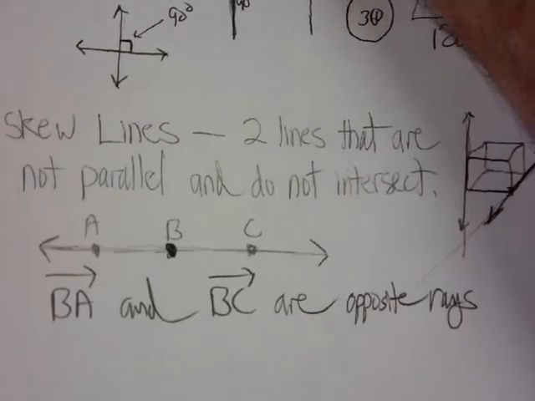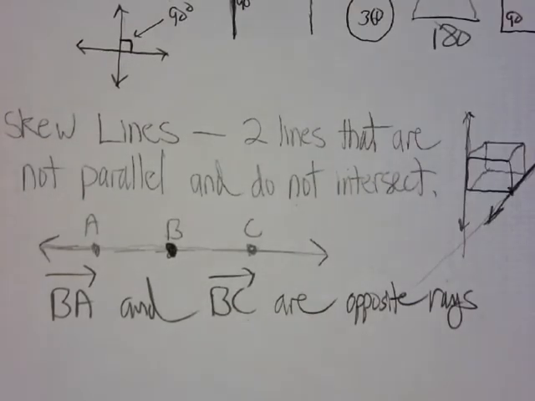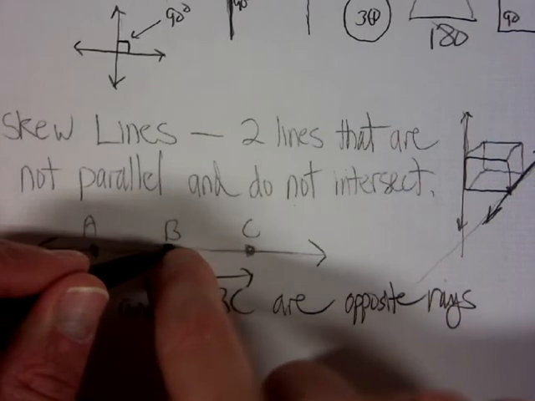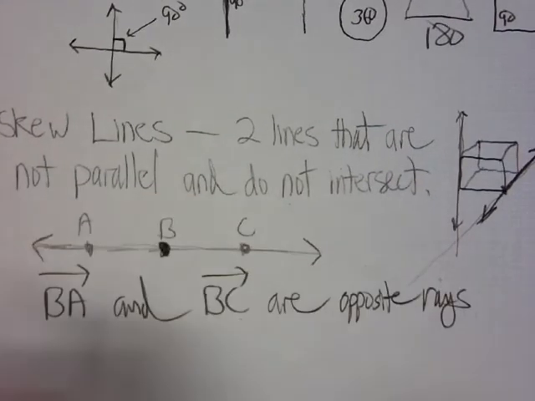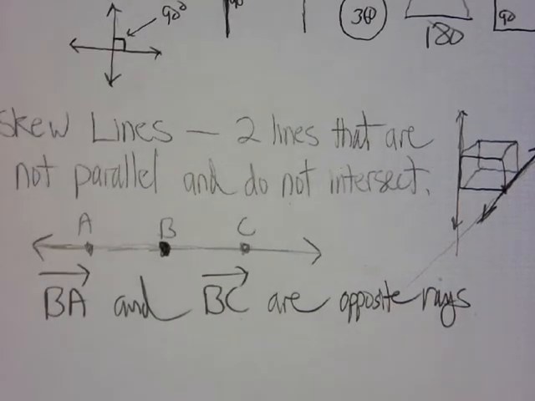Opposite rays have the same starting point, but they go in exactly opposite directions to create a line. All right? Opposite rays is a vocabulary word that you will also hear.